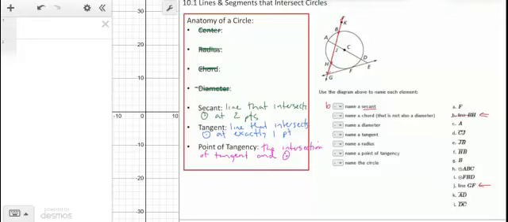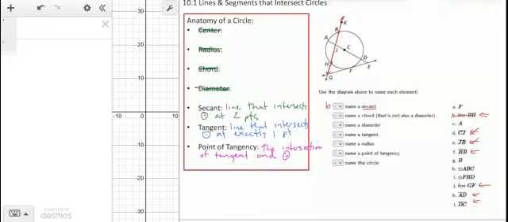Okay, name a chord. A chord that is not a diameter. So again, a chord is going to be a segment. So once again, I'm going to look for segments. So there's all my segments. A chord is going to have endpoints on the circle. So if I look at C, J, neither of those are on the circle. JB, J is not on the circle.